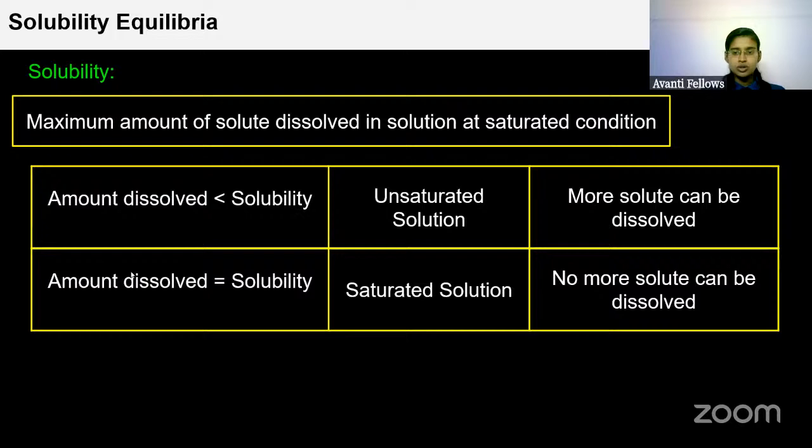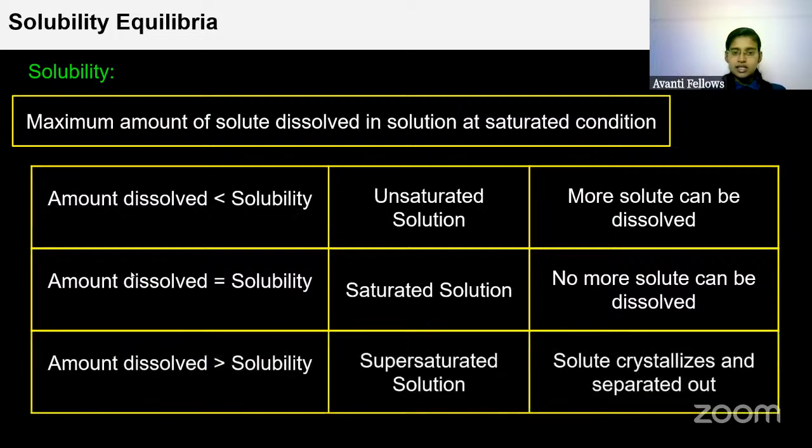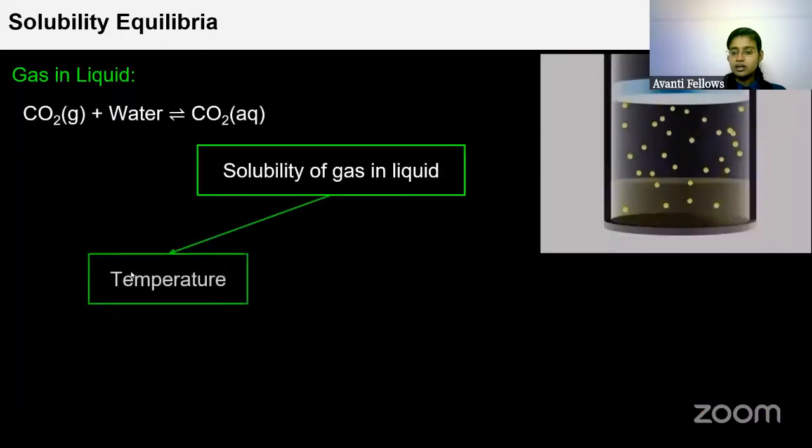The third case is if the amount dissolved is more than the solubility, then it is a supersaturated solution, and in this case, the solute crystallizes and separates out from the solvent. So these are the 3 cases of solubility.